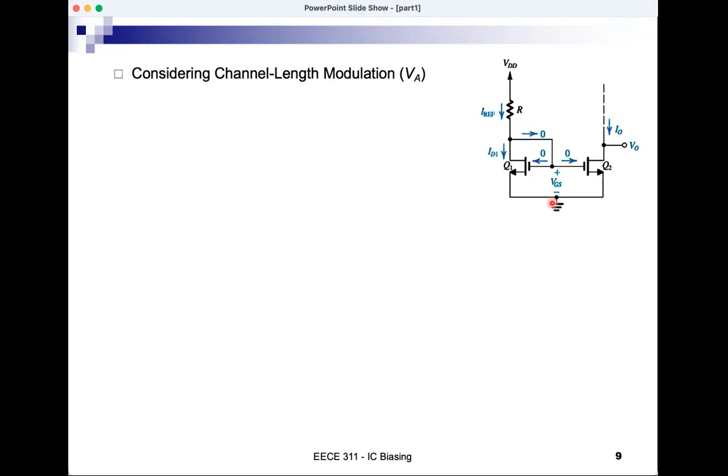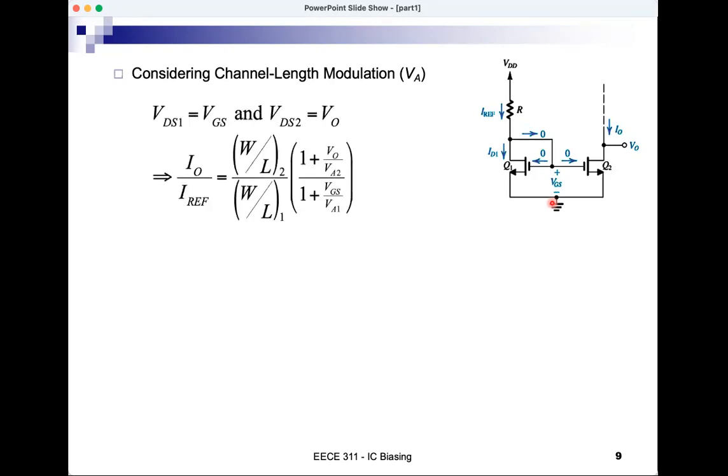What if I have channel length modulation? We neglected that, but what if we cannot neglect it? Now we have to rederive the expression with VDS1. VDS1 is VGS, and VDS2 is VO.